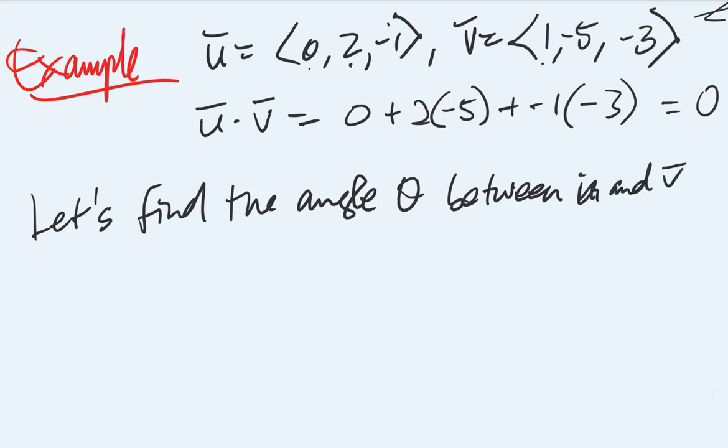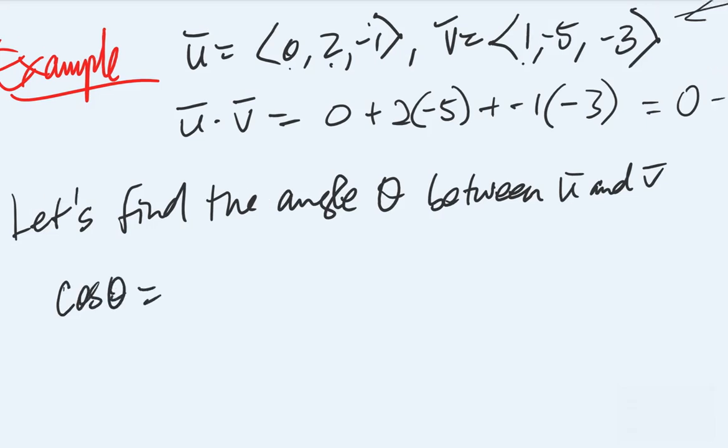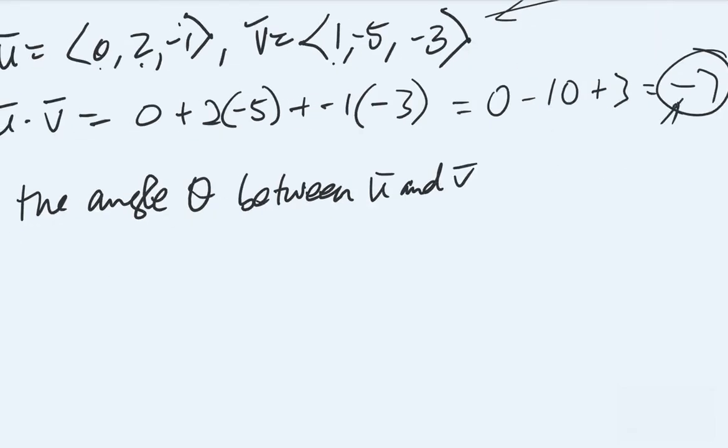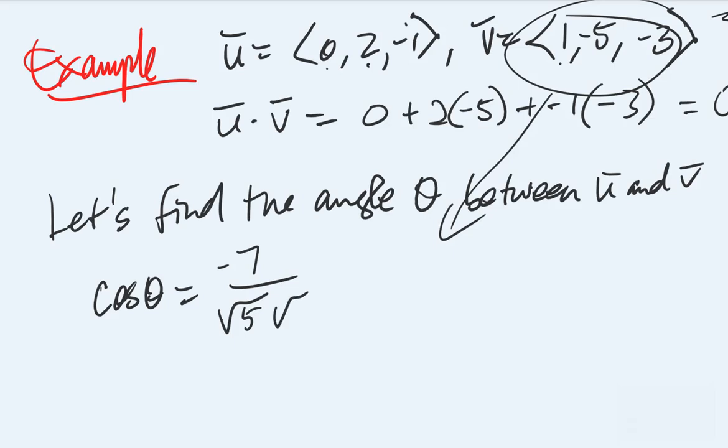So let's find U and V. All right, so cosine of theta is going to be the dot product, which we found to be -7, over the length of U, which is the square root of 5, times the length of V, which is the square root of, what's that, 1 plus 25 plus 9, which is 35.